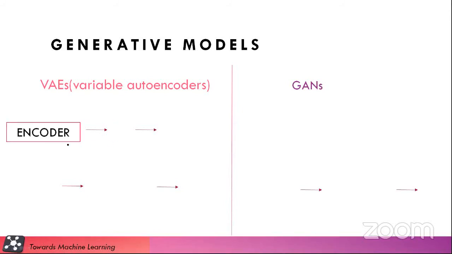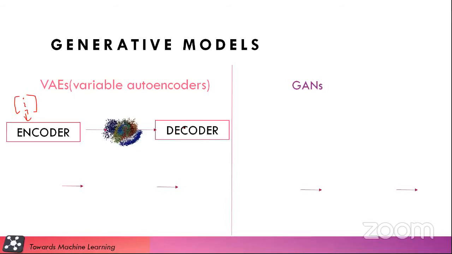So in VAEs, we have an encoder. What does the encoder do? We give it an image. Suppose this is the image 1, 2, 3. We flatten it down and give it to the encoder, and the encoder's job is to encode this image in the latent space. Okay. And then we will have a decoder. Suppose we encoded the image here.